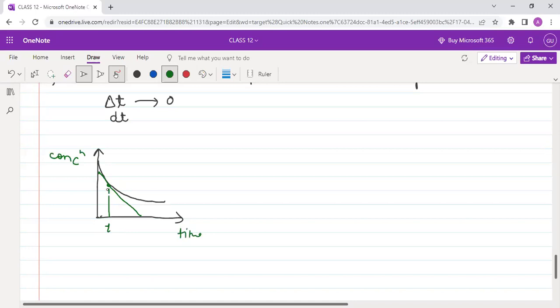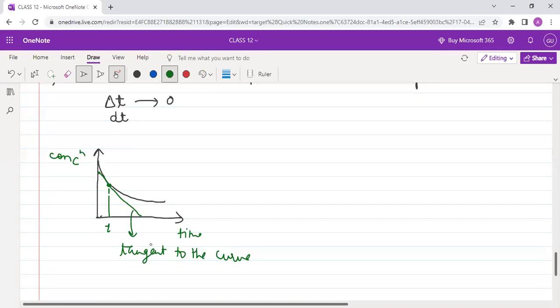So at this point, we'll draw a tangent to the curve. So this is the tangent to the curve. Do you know what is a tangent? Yes. Tangent is a line which intersects the curve at only one point. So it is intersecting here only.